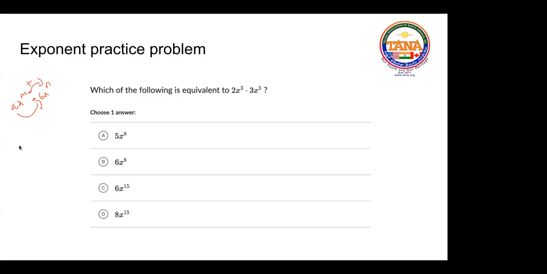So in this case you have 2 times 3, times x still, because they're both multiplied, and you have m plus n, which in this case is 3 plus 5. So you have 6 times x to the 8th, and that is b.